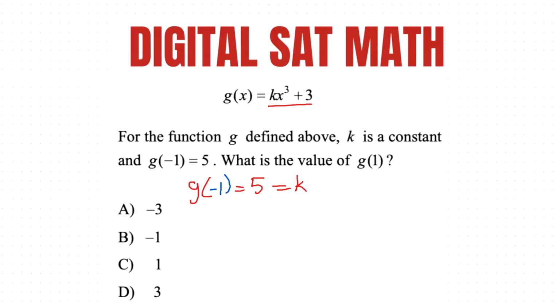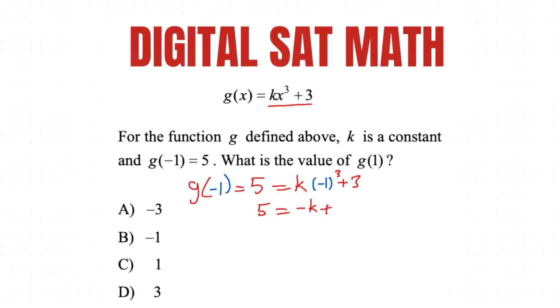Let me put these -1 in a different color to show you the substitution. So this will be 5 is equal to k times -1 to the power of 3 plus 3. -1 to the power of 3 is -1, which will make it negative k plus 3.